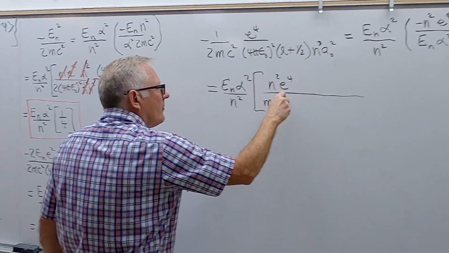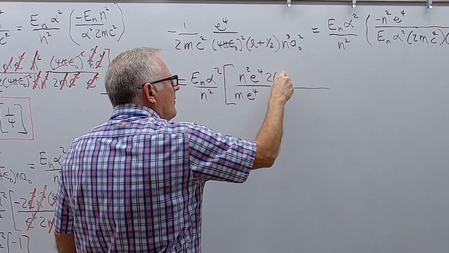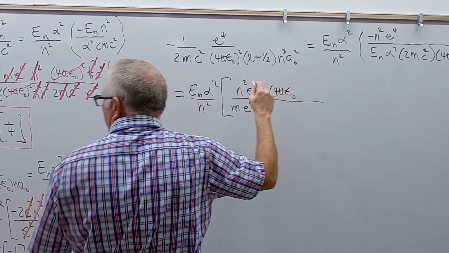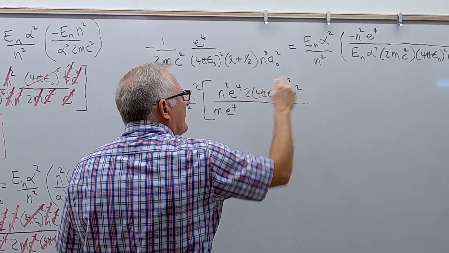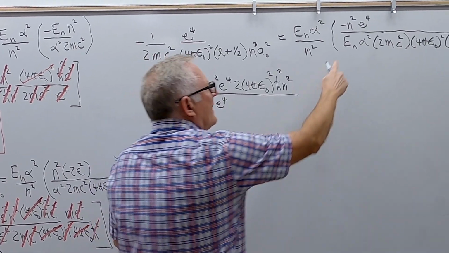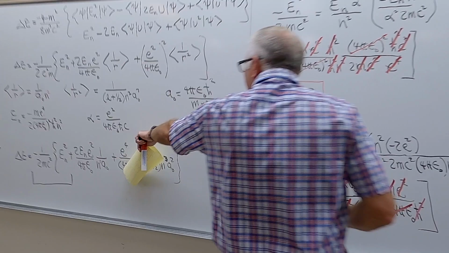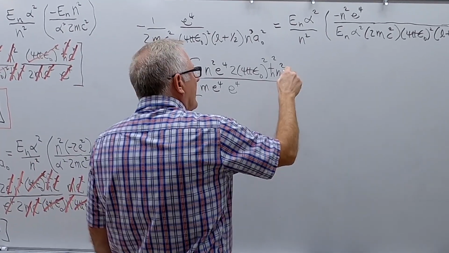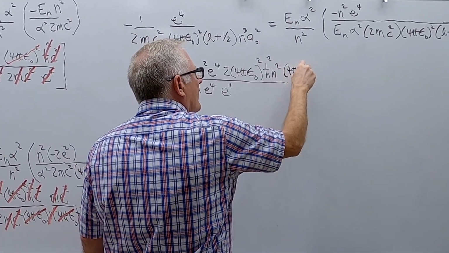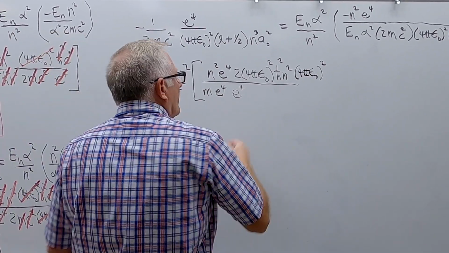And on the top, it gives me 4 pi epsilon naught squared h bar squared n squared. So that takes care of this. Then we have an alpha squared in the bottom, which is this. That's e to the fourth all over, then this 4 pi epsilon naught squared, h bar squared c squared.